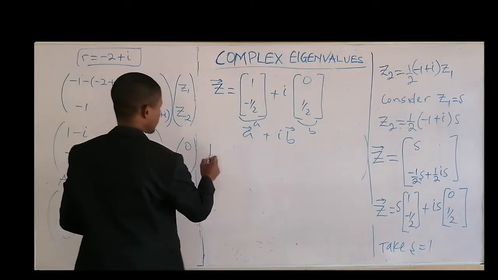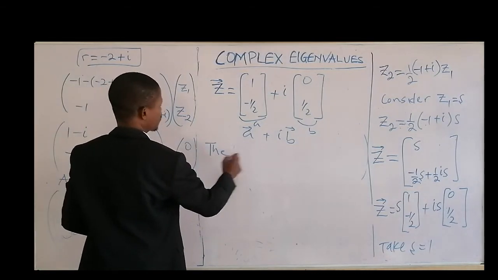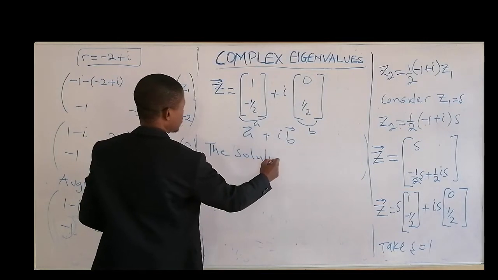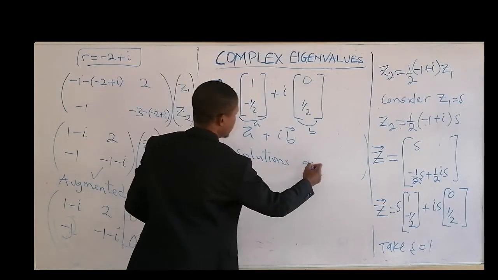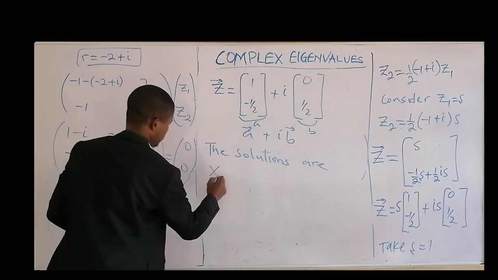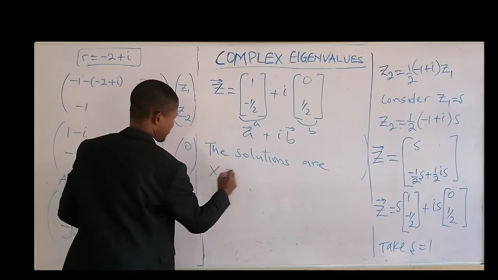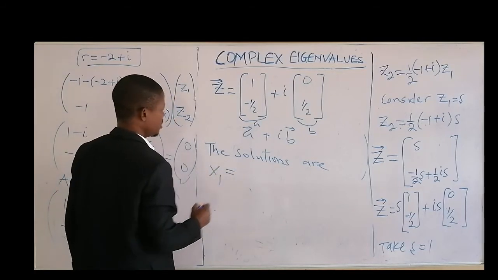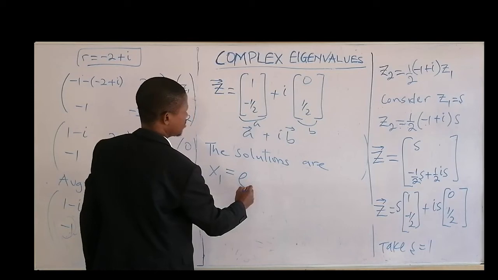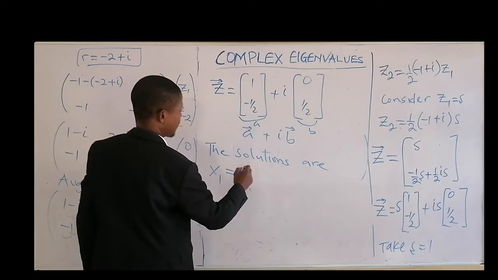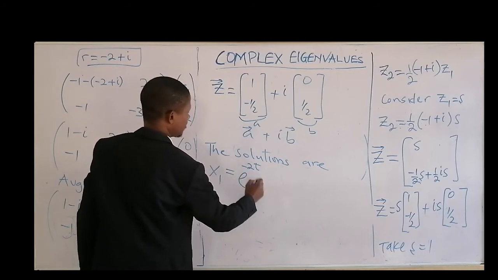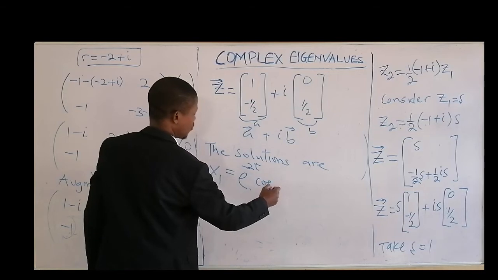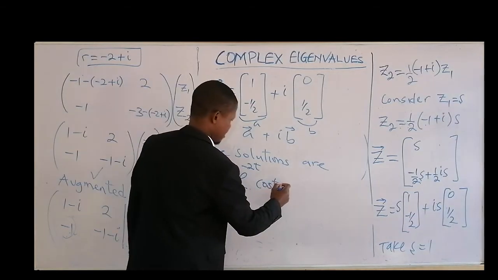Then the next thing to do now is write the solution. The first solution is equal to exponential alpha, which is minus 2t, cos beta, which is 1, so cos t, and then times a.